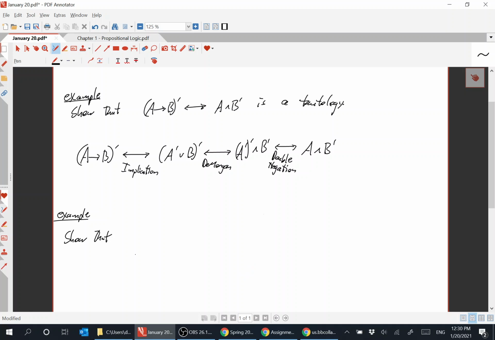Let's show that A or B naught, or A implies C naught, or B implies C naught, or C is logically equivalent to 1.